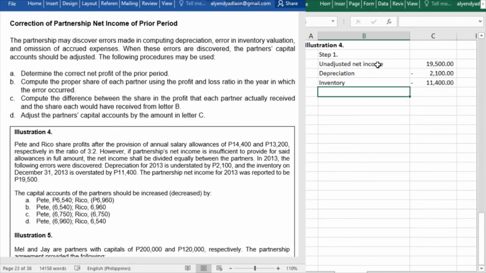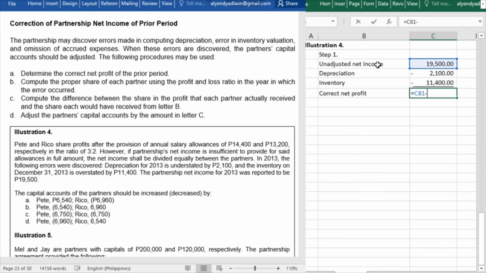Then let us compute for the correct net profit. For the correct net profit, we have 19,500 minus 2,100 minus 11,400, that is 6,000 pesos. Alright, that is for step 1. Now, let's proceed to step 2.